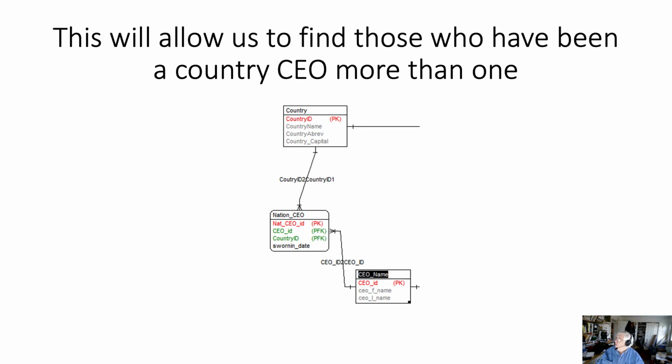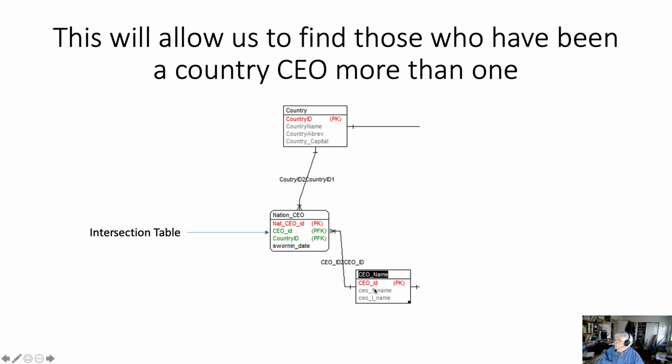All right, so if we had a country table and a CEO name table, and this is called an intersection table, so that we say link to the CEO, link to the CEO ID, link to the country, and have a sworn-in date.